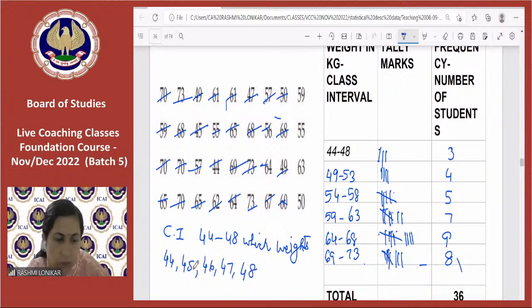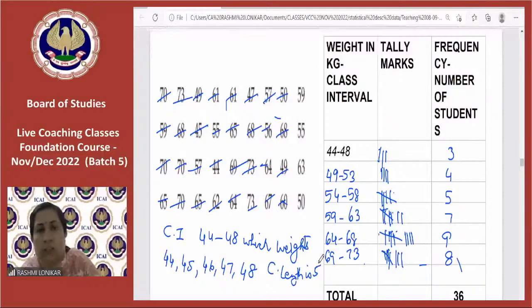How many are there? 1, 2, 3, 4, 5. So class length is 5. Okay, these are the 5 weights I will consider. Any person whose weight lies within these 5, that person's weight I'm going to put in that class interval. Okay.